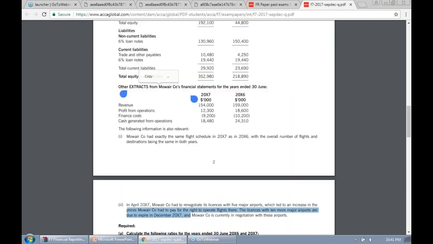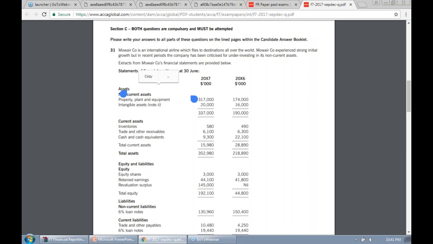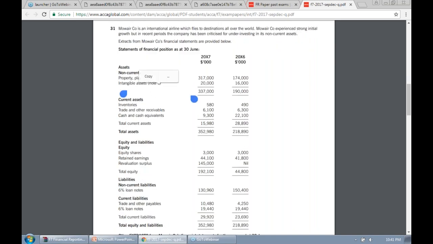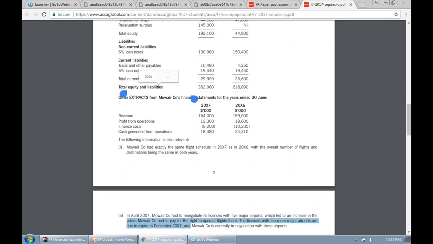Whenever you are reading the scenario, just create basic bullet points of the hints that you are getting from the scenario, so that whenever you're writing your answer, you incorporate these points, like the company is going to negotiate five new airports, and that is the reason. So you have to write.